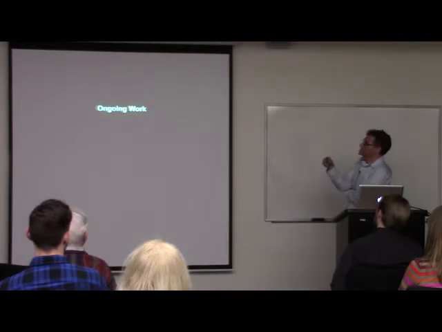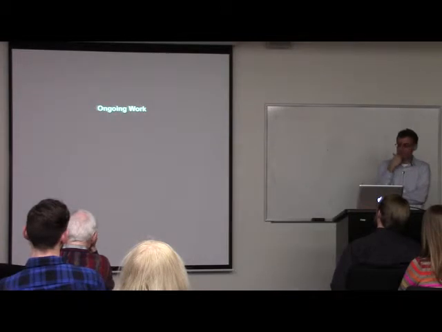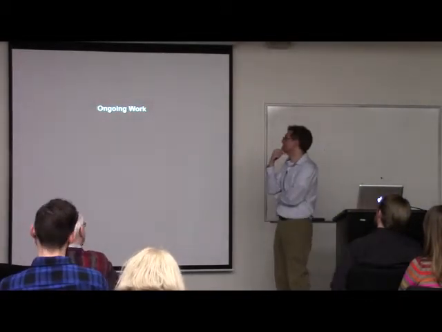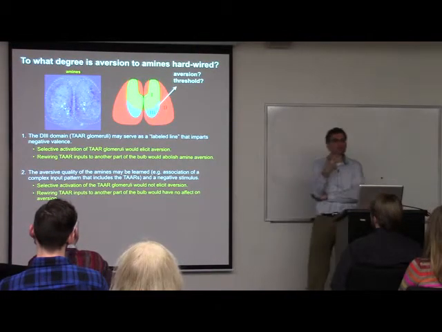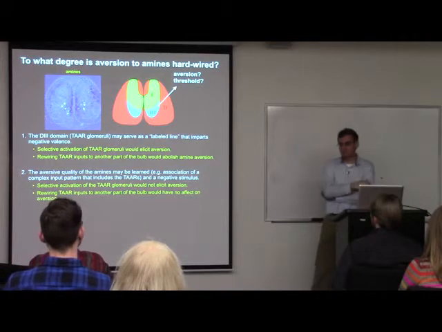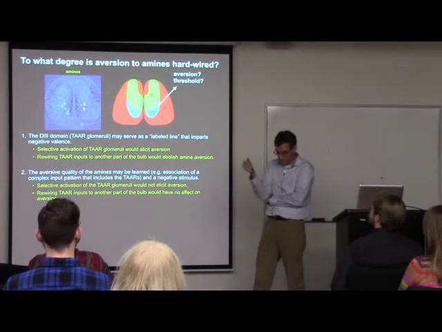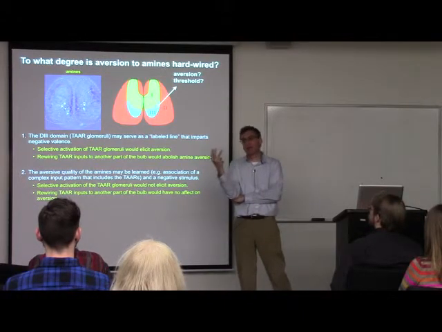So these days, we're continuing to ask a number of related questions. One of the intriguing questions here is, to what degree is the aversion that we see to all of these amines related to perhaps this domain structure? That is to say, to what degree is the aversion learned, or to what degree is it perhaps hardwired?